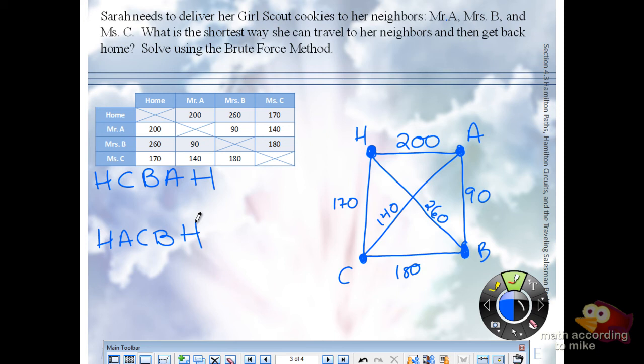So that is a Hamilton circuit. We're not going to write it because it's just a reverse. But that's okay. HABCH. That's the reverse of this one. So here's HCABH.